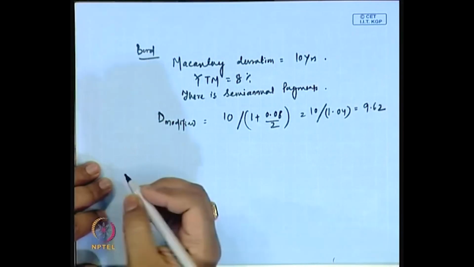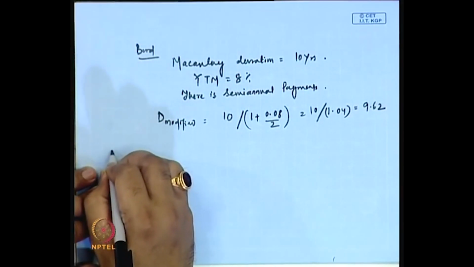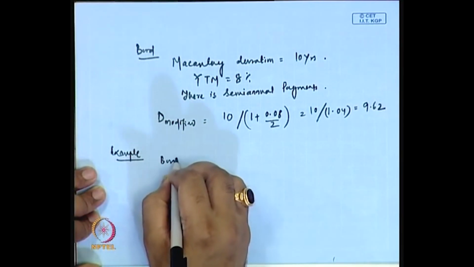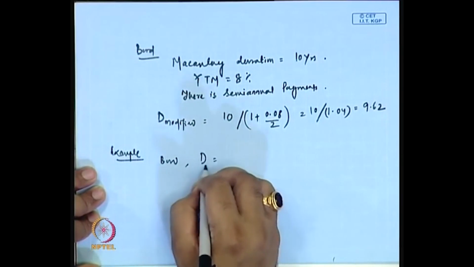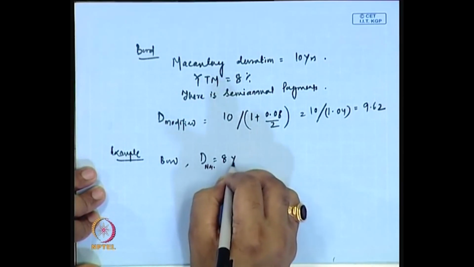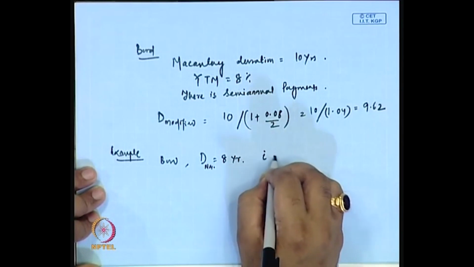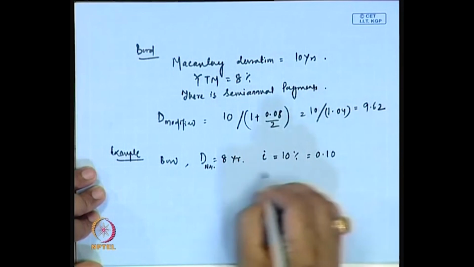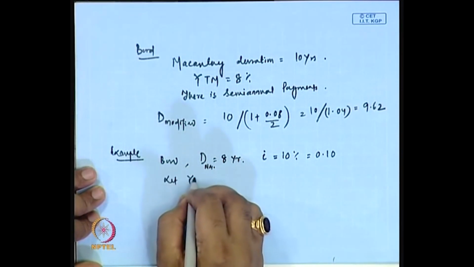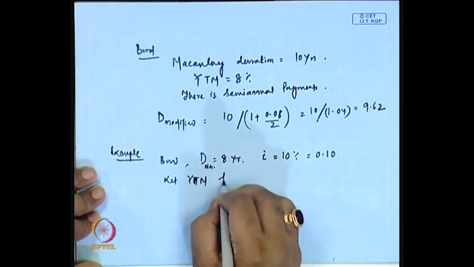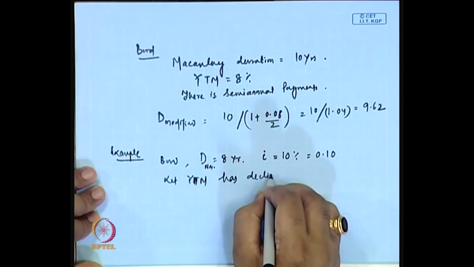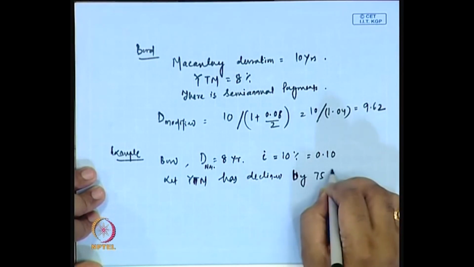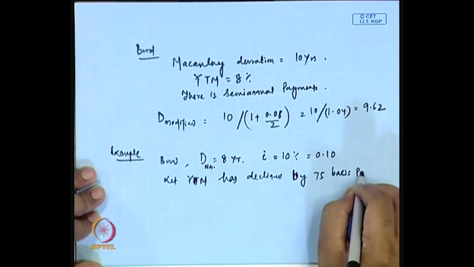For example, consider a bond where the Macaulay duration is 8 years and the interest rate is 10%, 0.10. Let the YTM decline by 75 basis points.